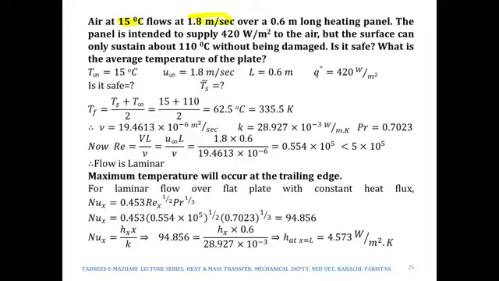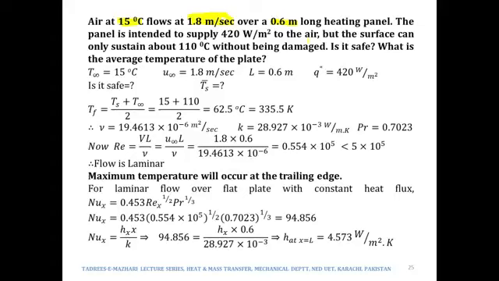So this 1.8 would be the value of U infinity over a 0.6 meter long heating panel. So there is a panel which has a length of 0.6 meters. The panel is intended to supply 420 watts per square meter to the air.